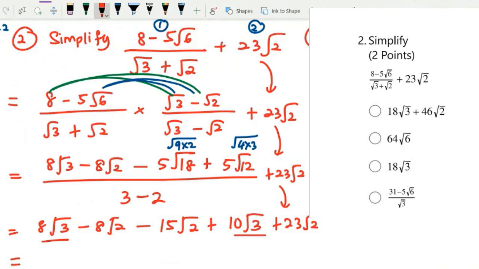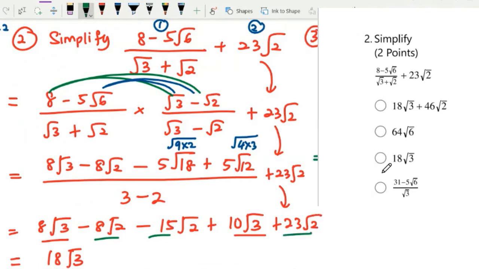So 8 tambah 10 which will be 18 set 3. And then as for tolak 8, tolak 15, tolak 23, tolak 23 tambah 23 habislah. Okay, so this should be the answer. The correct answer for this question is 18 set 3.